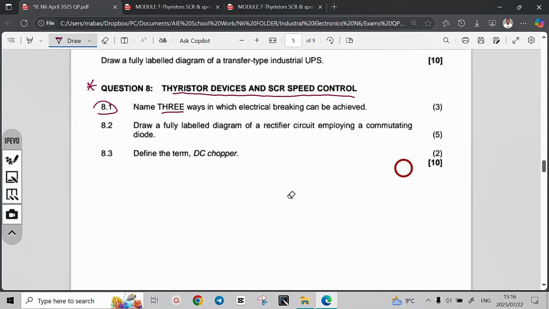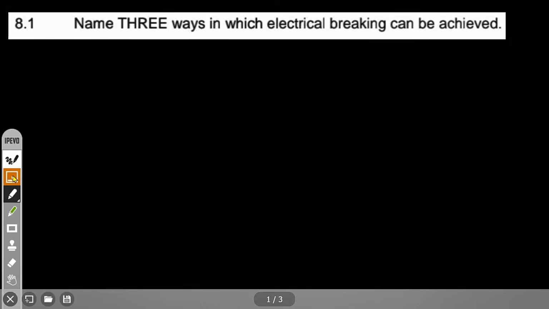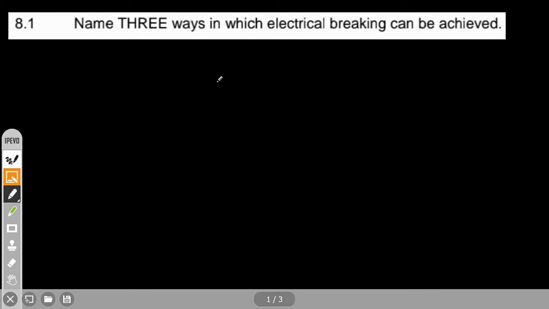Name three ways in which electrical braking can be achieved. So let's go and write it down, guys. These are the questions you must make sure you know your theory and you just collect all the marks. It's an easy question. So the first method is by plugging, right?